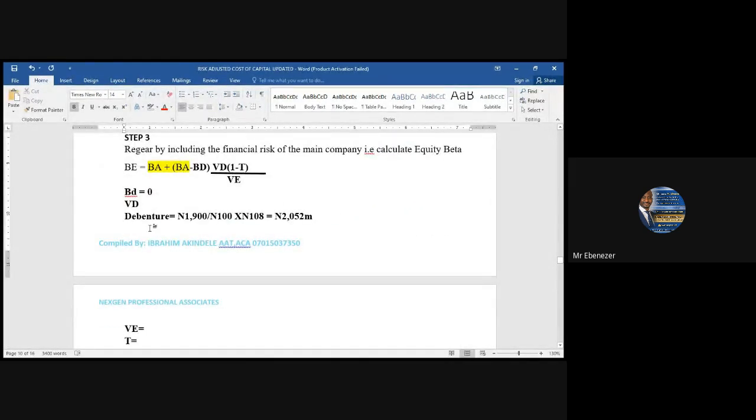So bank loan. If you have preference share, it is part of debt. So what is the book value? 635. So what is the total?